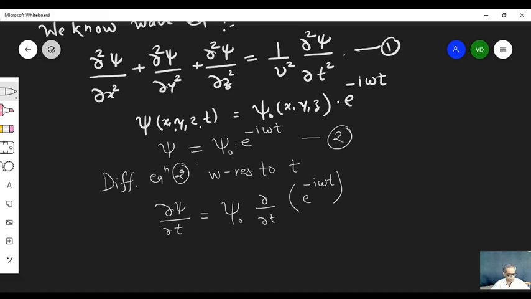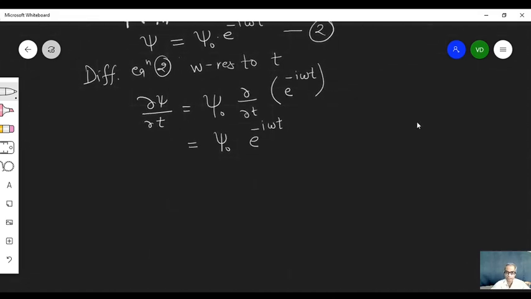Now we can just differentiate this simply. The differential of the exponential is the same exponential, multiplied by the differentiation of minus i omega t, which is just minus i omega. And therefore we can write this as minus i omega psi 0 e to the power minus i omega t.